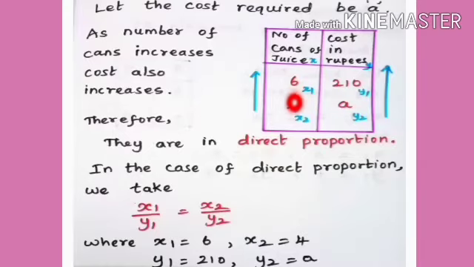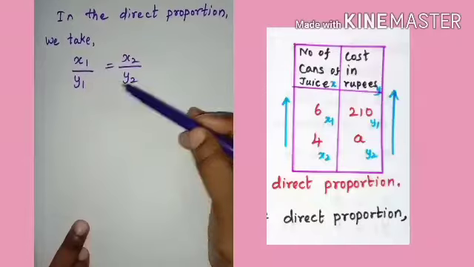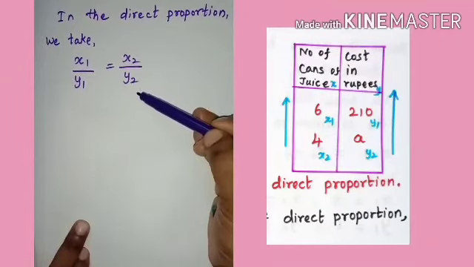Now students, form a tabular column. Here the number of cans of juice and the cost in rupees are two quantities which are to be compared, and fill in the values which are in the question. Here the number of cans increases, cost also increases. So therefore they are in direct proportion. In direct proportion, we take x1 divided by y1 is equal to x2 divided by y2.